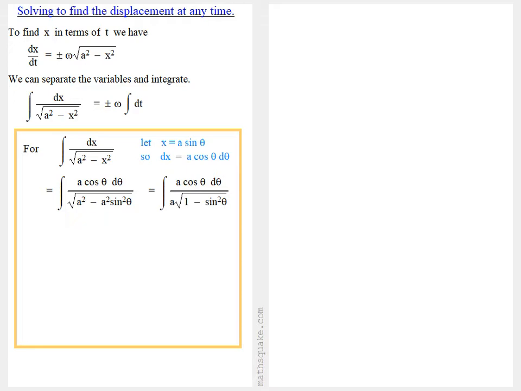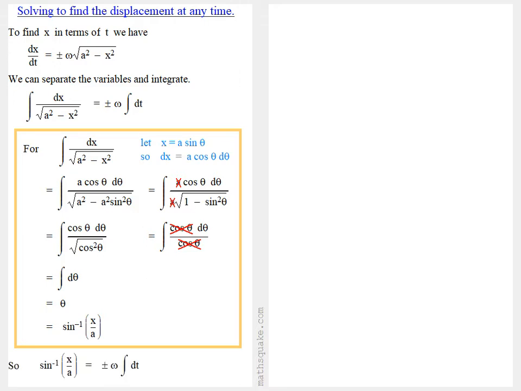Now the a's cancel top and bottom, and the square root of 1 minus sine squared theta can be written as the square root of cos squared theta, which leaves us with the integral of cos theta d theta over cos theta. And the cos thetas cancel, and we're just left with the integral of d theta, which when we integrate it is simply theta. Now theta is the inverse sine of x over a.